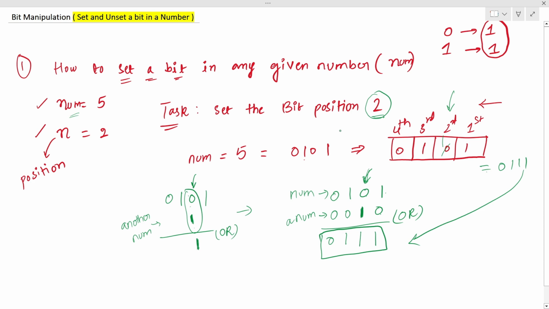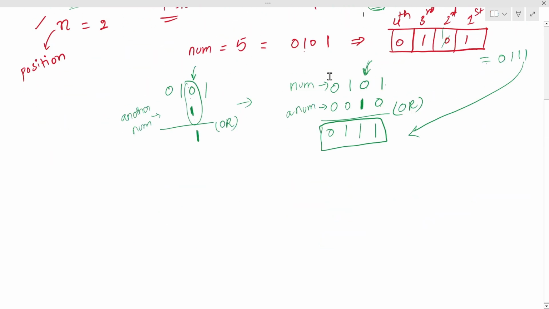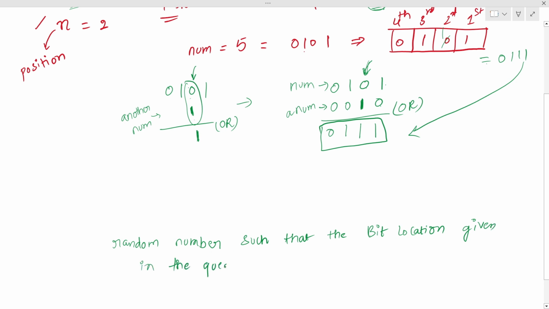So I'm trying to create a random number such that the bit location given in the question is made as set. That means it is made a set bit. Set bit is nothing but 1, right?